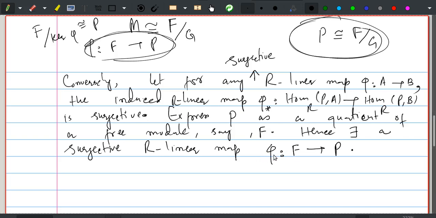Now this will induce a surjective map, because this is our assumption, that for any R-linear map from A to B, the induced homomorphism is surjective. So let us call this psi.